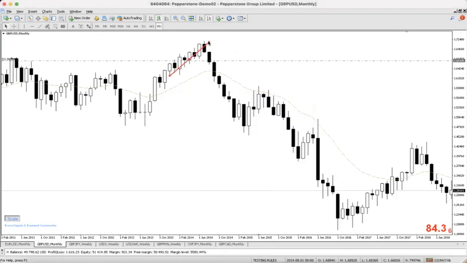All right, so when you look here, this formation was forming what we call a peak.